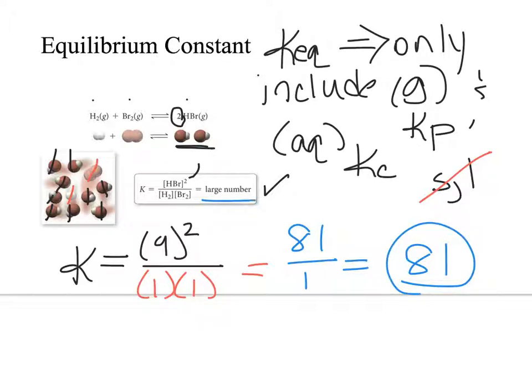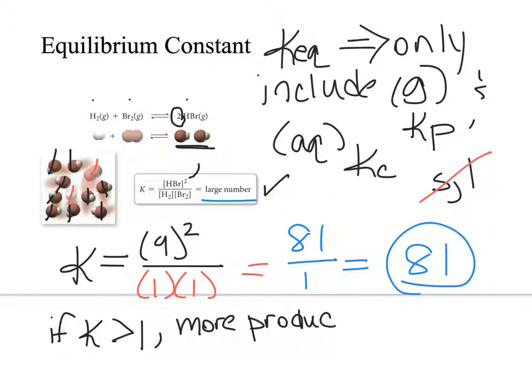This is a relatively large number. So in other words, if K is greater than 1, this usually means that there are more products than reactants.